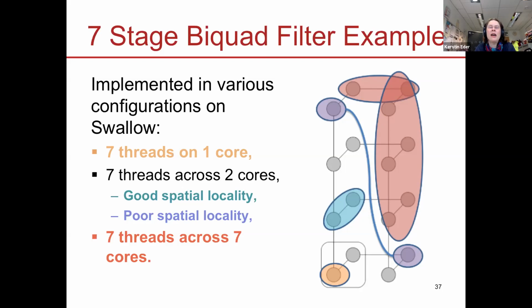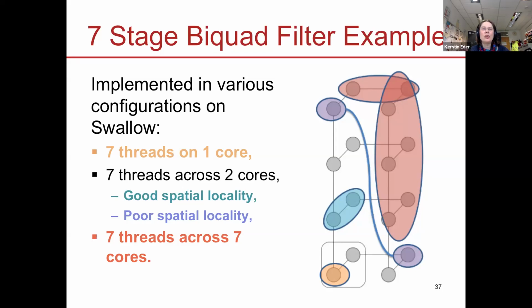Okay, so we've got a 7-stage filter. That means I have 7 threads. There are different ways of laying this out. I could have 7 threads in one core. Remember, each core can take up to 8 threads. I could spread them over 7 cores, 1 thread per core, and that gives me the orangey red distribution of work over this network.